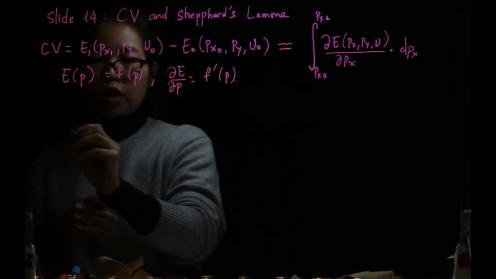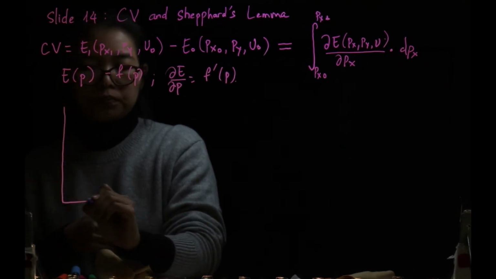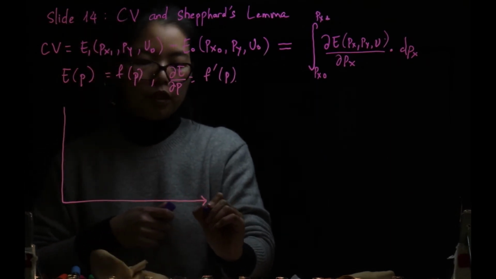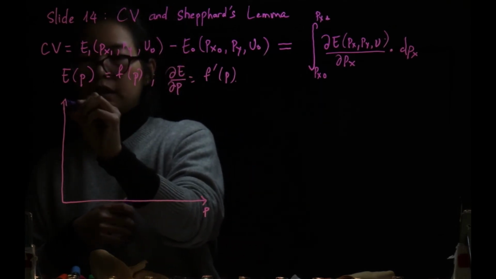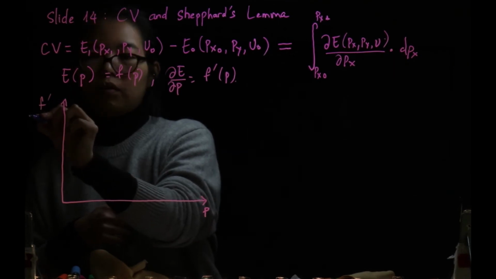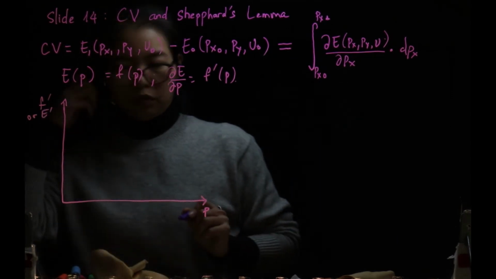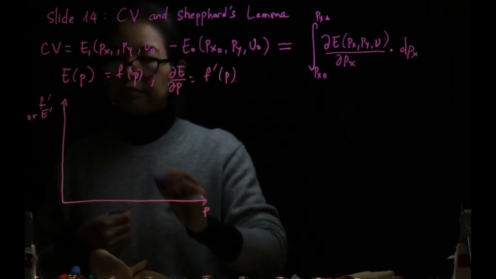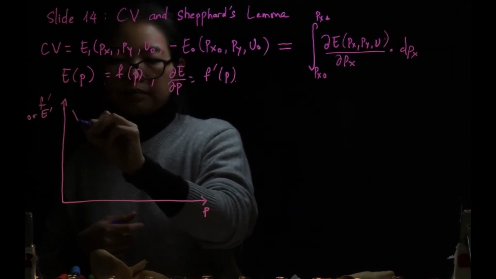Now let's draw a graph of this derivative. So here is p, and here is f prime, or e prime. Okay, so the derivative, let's say for example, looks like this.